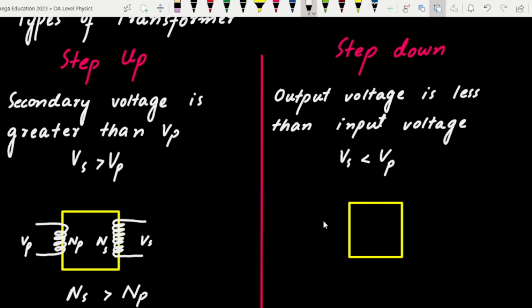Okay, for the step down, so 1, 2, 3, 4, 5, let's say 5 here on the primary. In step down transformer, there would be fewer number of turns on the secondary side. So 1, 2, 3, for example. So this would be Vs, this would be NP, this would be NS.